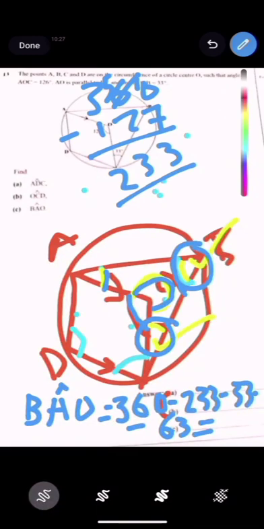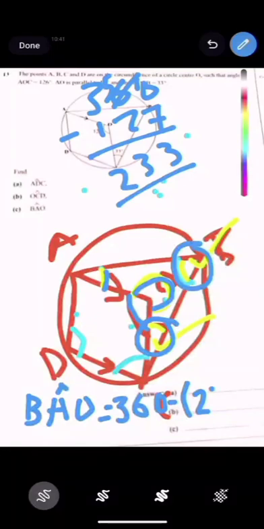So we can add these three first, right? Or we can write like this to avoid confusion: 360 minus open bracket 233 plus 33 plus 63.